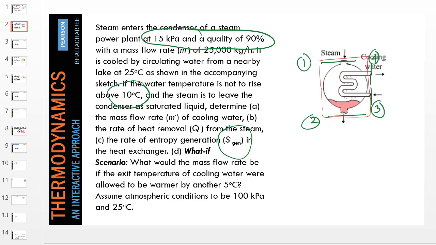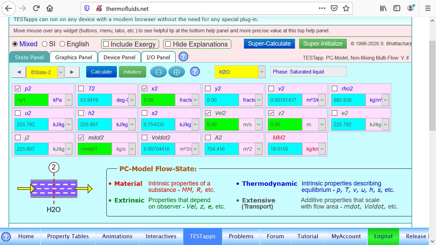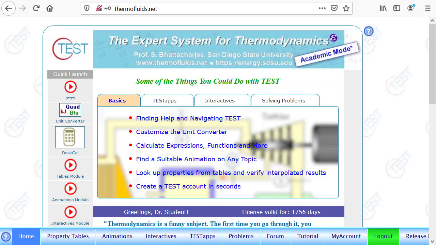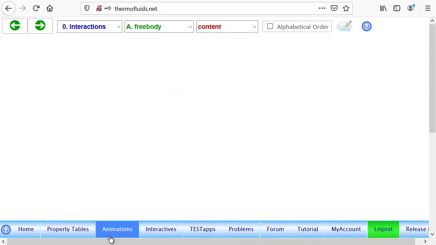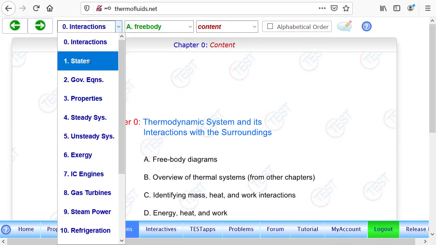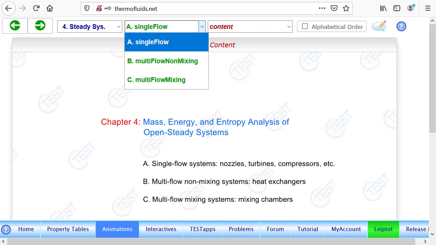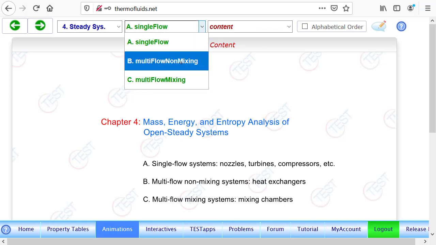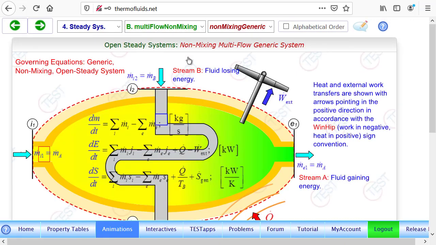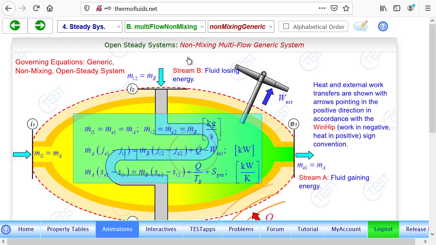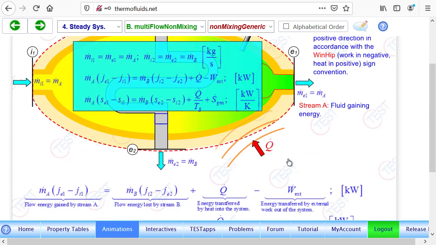More of this kind of non-mixing multi-flow can be found in a textbook, and also if you go to the animations module, you can take a quick primer on non-mixing multi-flow, and here the governing equations are shown and how they simplify.